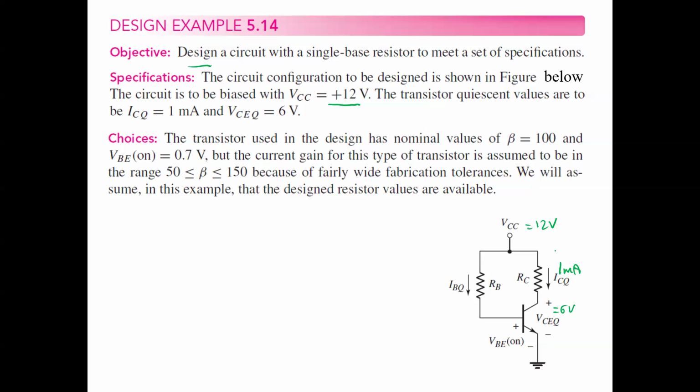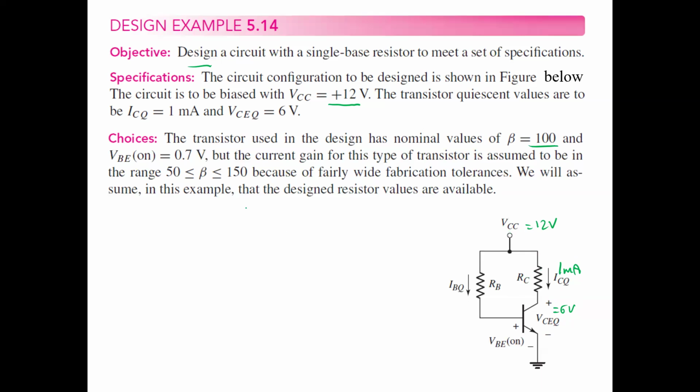So I think it's very easy now for us to obtain the value of RC, because we know the value of VCC, the supply volt, IC, the collector current, and VCE, the collector to emitter volt. Let's start, guys, with the value of beta equals 100 and assume the VBE on in our analysis to be 0.7.